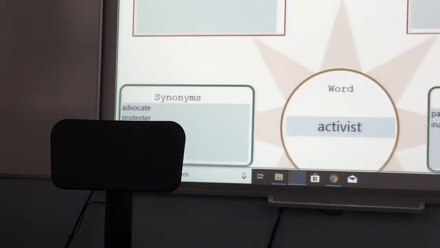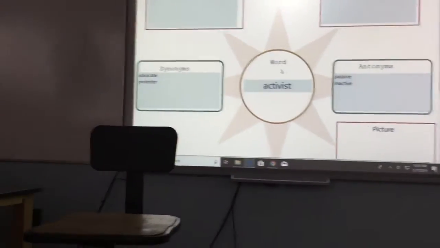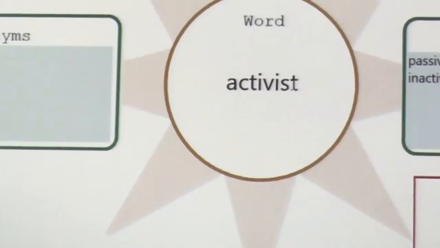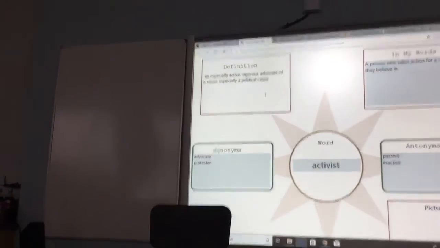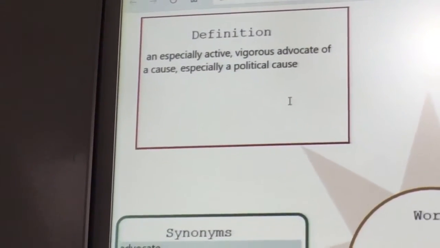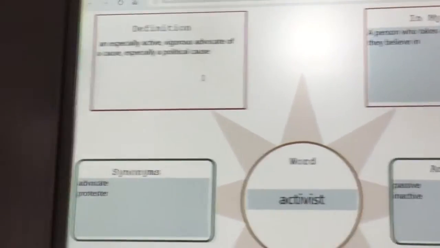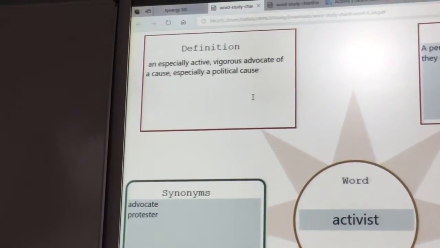So let's review what we did. We began by putting the vocabulary word where it says word, activist. We went on to look at a definition. We looked it up. We can either look it up online, in a book, or on our phone. An especially active, vigorous advocate of a cause, especially a political cause. And then we put it in our own words.